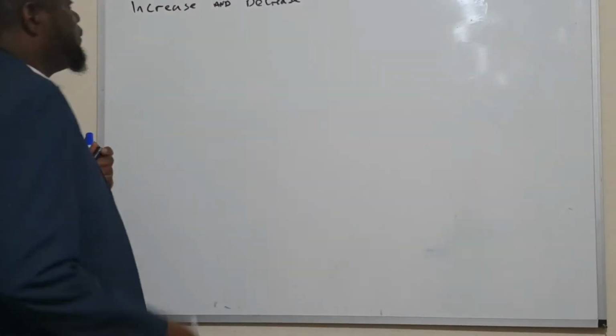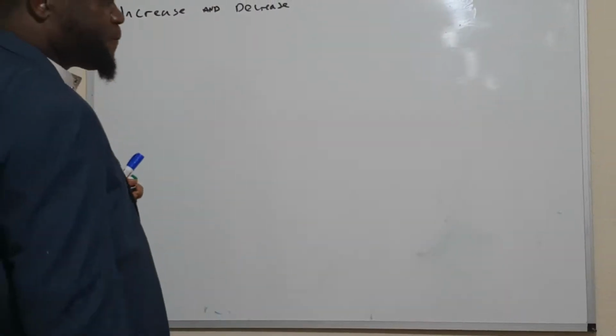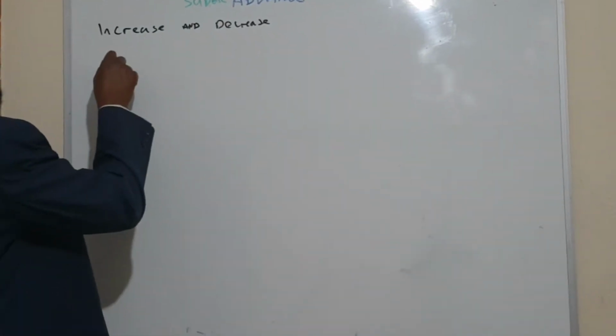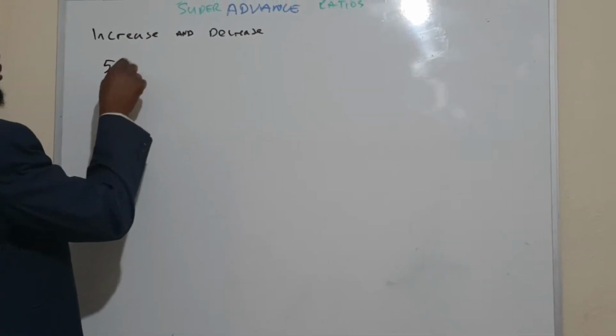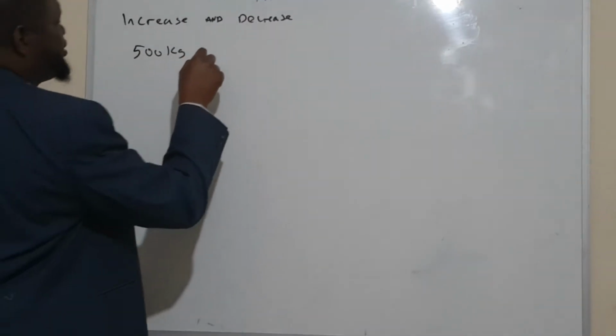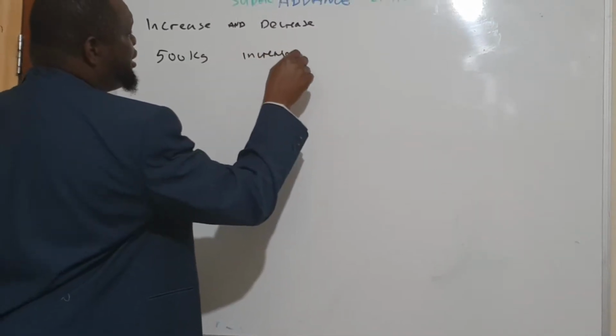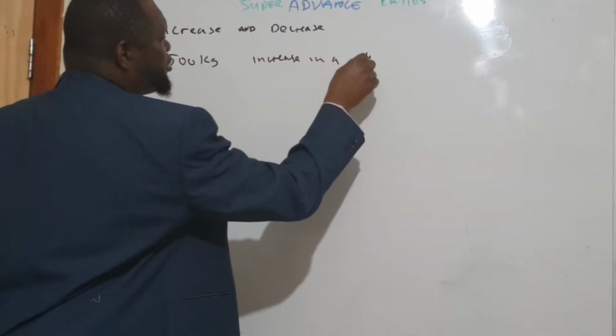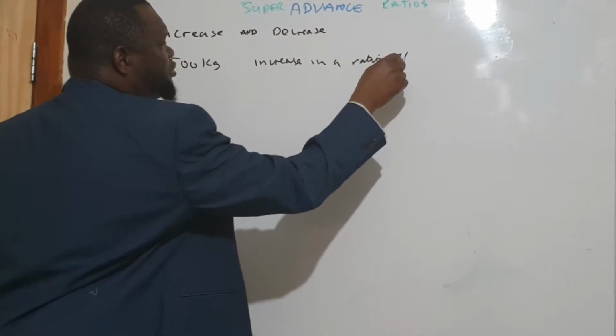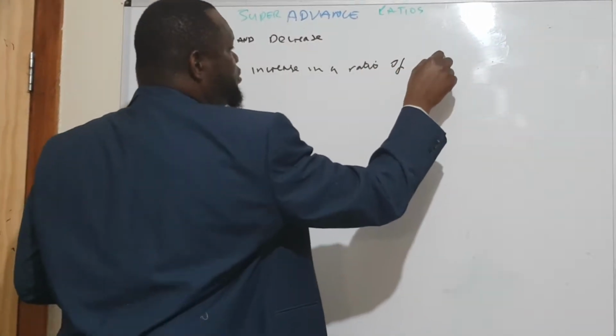Mustafa, look at it. Let's say we are given 500 kilogram, and you are asked to increase this in a ratio of 2:3.